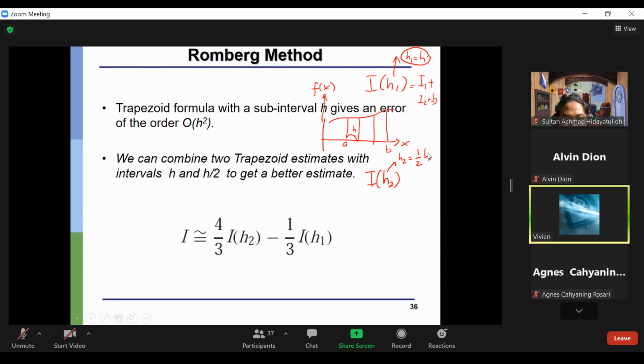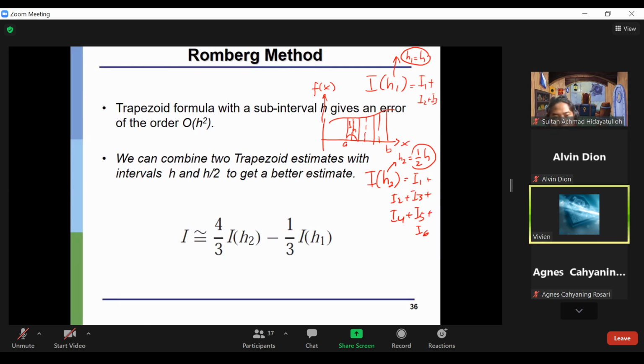It means we now use twice as many segments. Previously we had 3 segments, and now that the interval length is half, we have twice the segments, so we have I1 plus I2 plus I3 plus I4 plus I5 up to I6. So twice the calculation of the previous one.